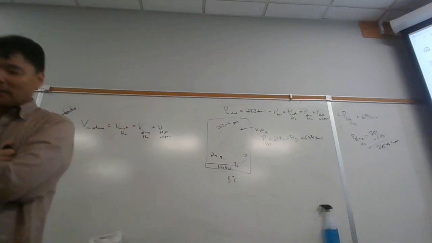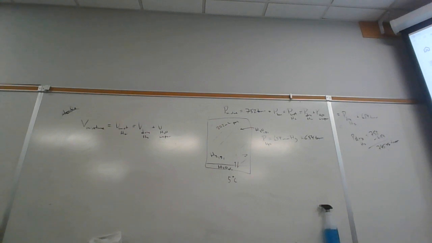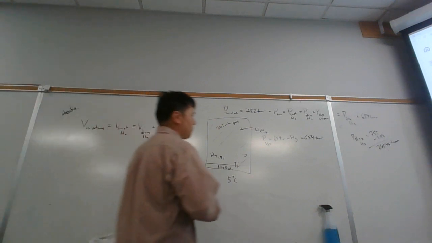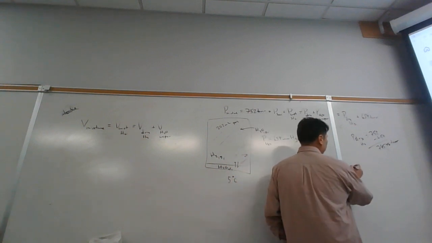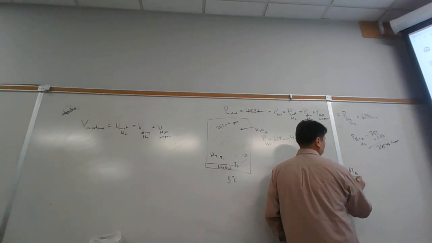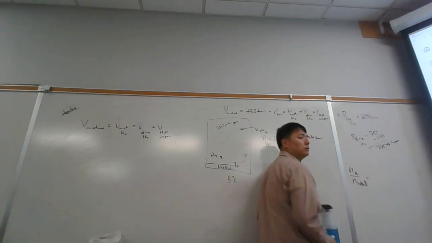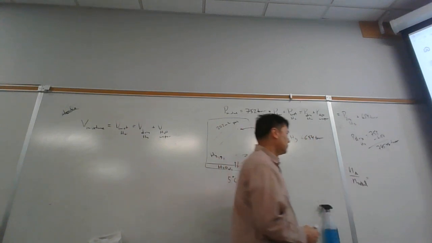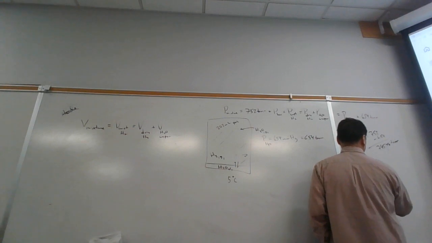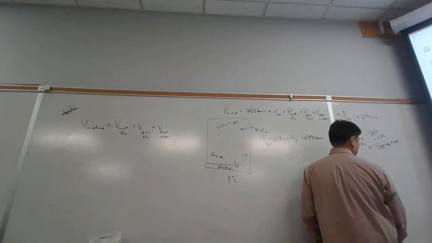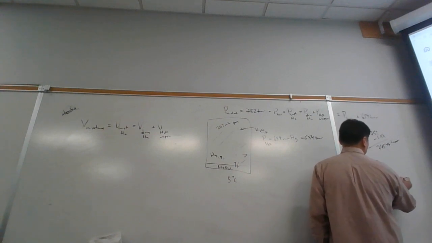There's another way of doing it. The other way of doing it is knowing this. Do you guys recall this? The mole fraction is equal to the volume fraction, which is equal to the pressure fraction.